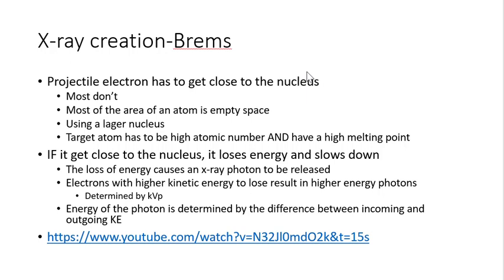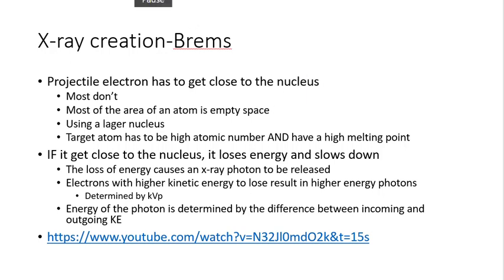If we changed from tungsten to gold, yeah, we could certainly increase the likelihood of getting closer to the nucleus of the atom, but the problem is that we would have a target atom that had a low melting point. Our X-ray tube life would be very, very much shortened.